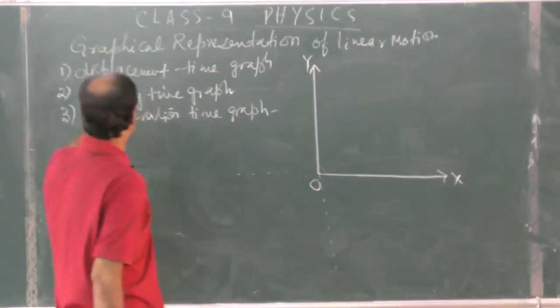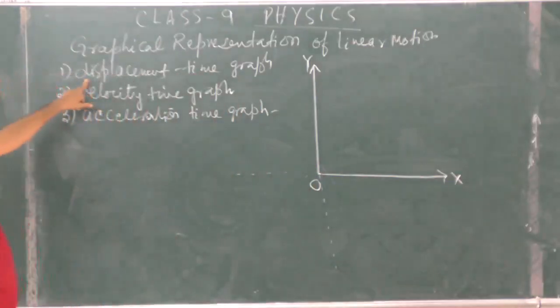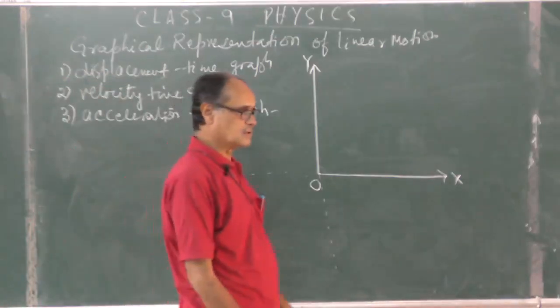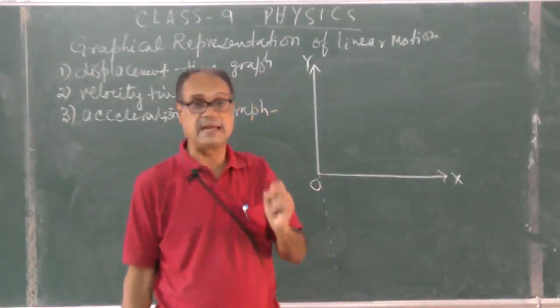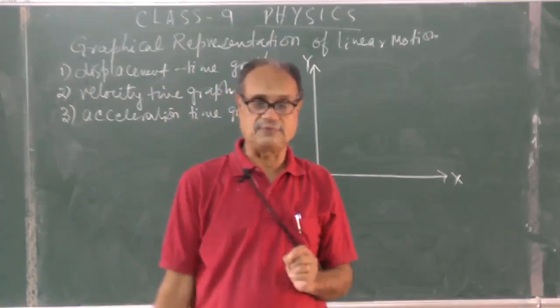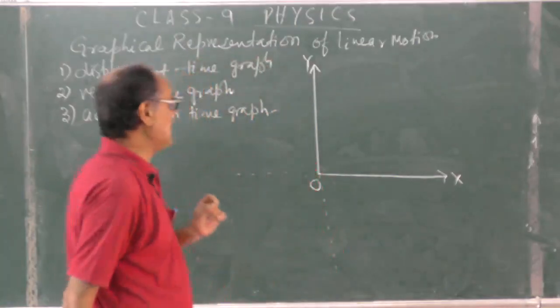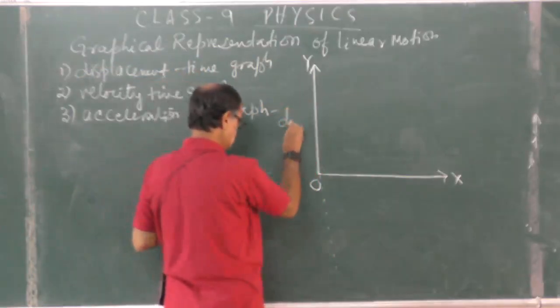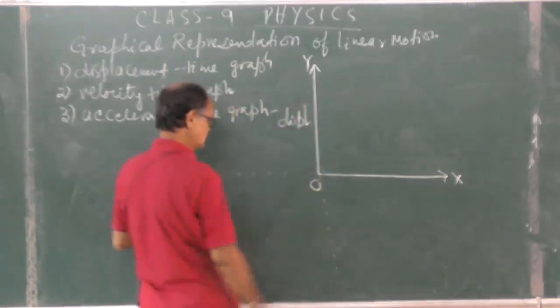Now we have given names here, quantities like displacement and time. Normally the first name of the graph quantity is taken as the y-axis value. So this is your displacement axis.